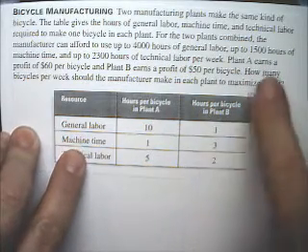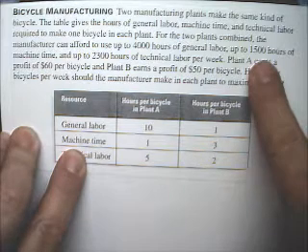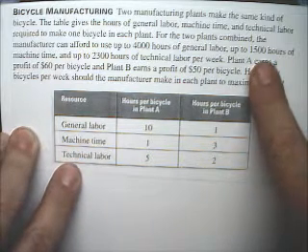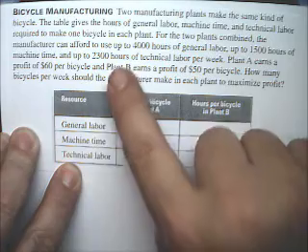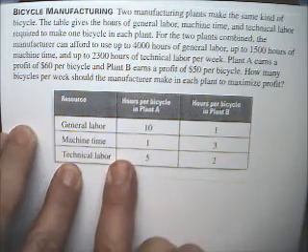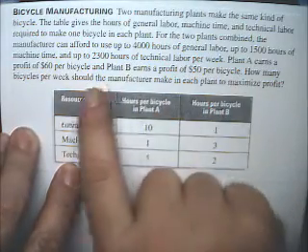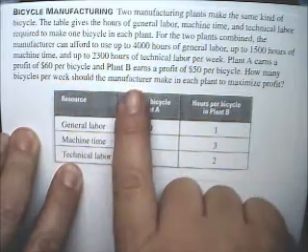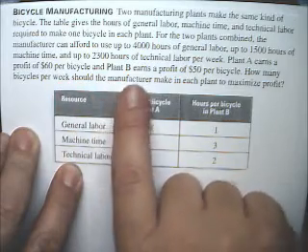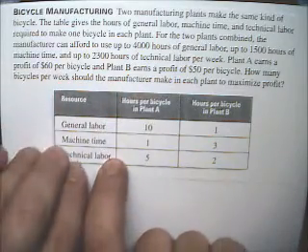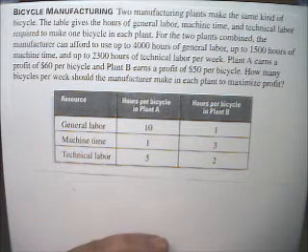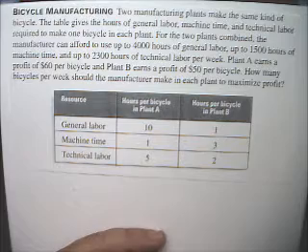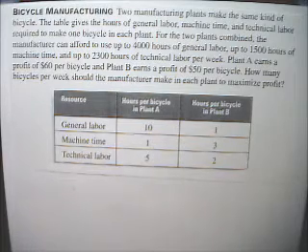Machine time can be 1,500 hours, and the technical labor can be 2,300 hours. And the profit is $60 per bicycle in plant A and $50 per bicycle in plant B. Well, looking at this, I'm sure it sounds impossible. I'll try to explain it, but you just got to take it apart a little bit at a time.